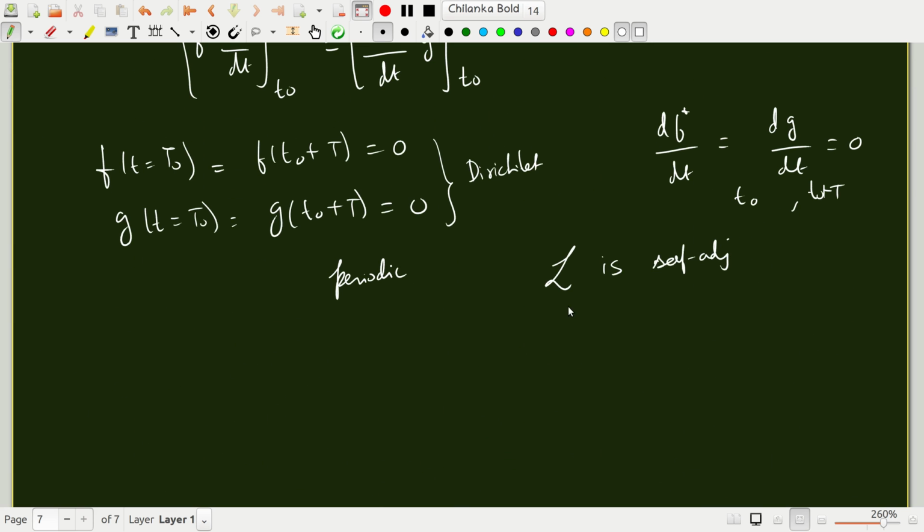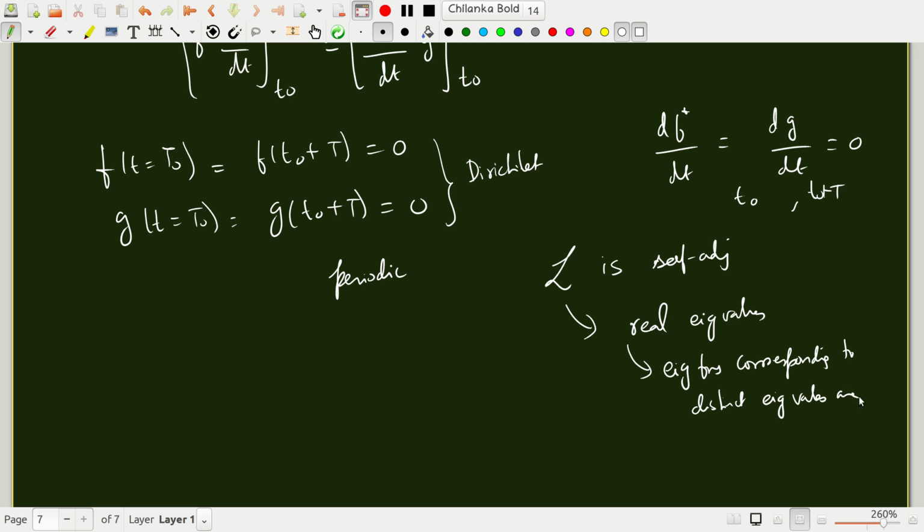If L is self-adjoint, then it is guaranteed to have real eigenvalues, and eigenfunctions corresponding to distinct eigenvalues are orthogonal.